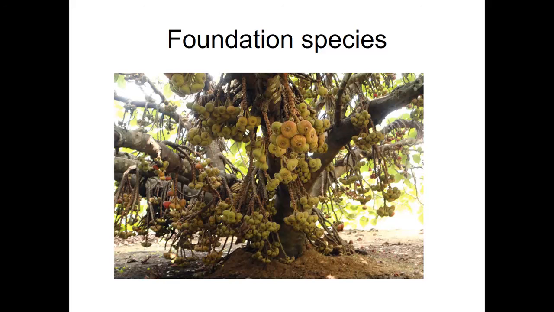It puts out lots and lots of high-energy, high-calorie fruits. And the tree's physical and nutritional resources support, either directly or indirectly, most of the community that lives among it throughout the year. So that is an example of a foundation species.